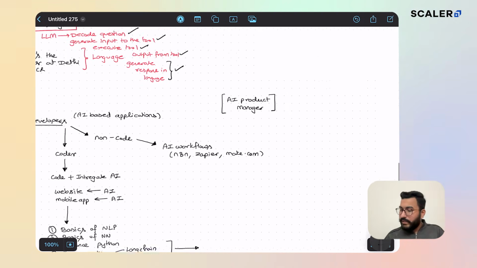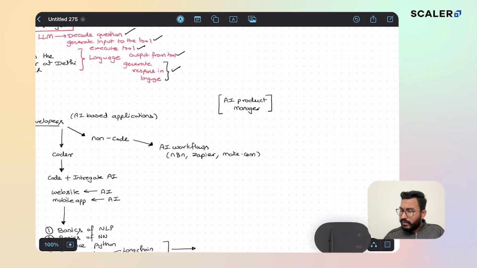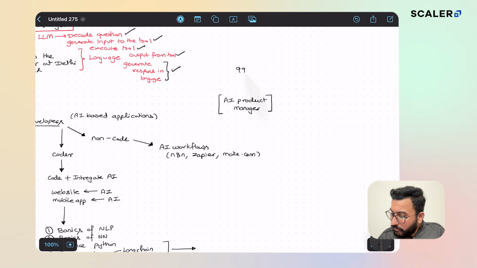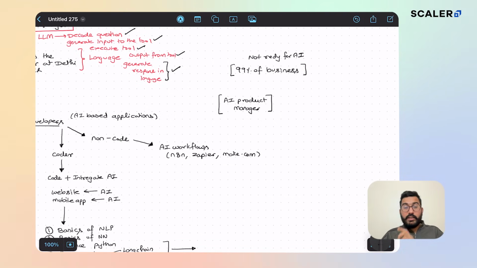Now I hope you will agree that still 99% of the businesses are not ready for AI. They are not ready, not because they don't want to go into AI. They are not ready because they don't know the scope of AI. They don't know where to use AI. They don't know how to use AI.